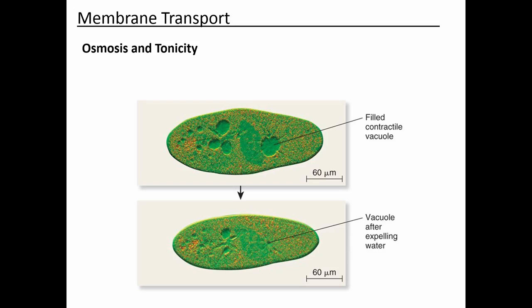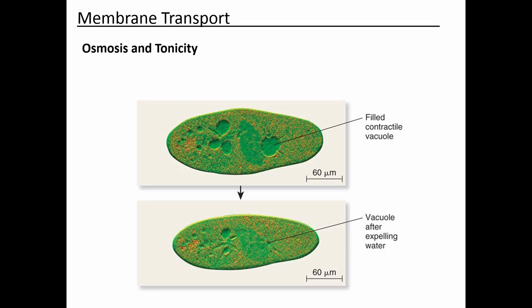We said that the purpose of that contractile vacuole is to get rid of excess water from the cell. Paramecium can live in a water environment that's hypotonic. This single-celled organism is capable of living in hypotonic environments, and the reason is that they have that contractile vacuole.